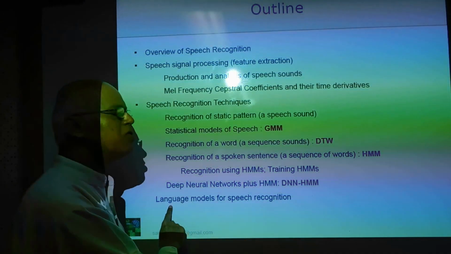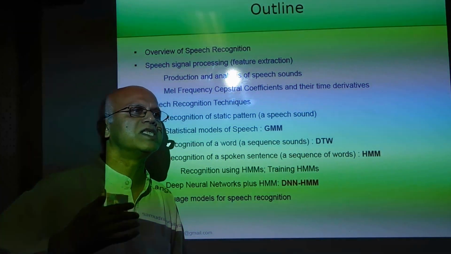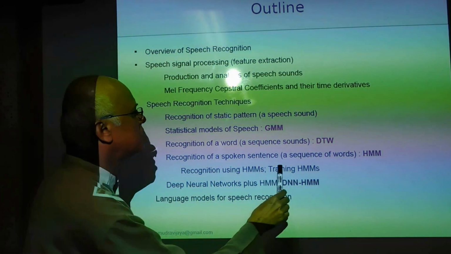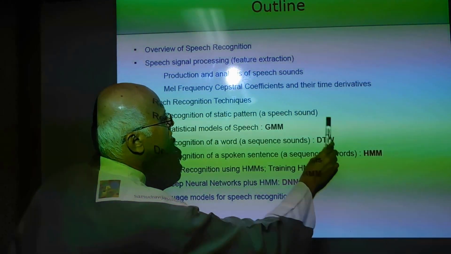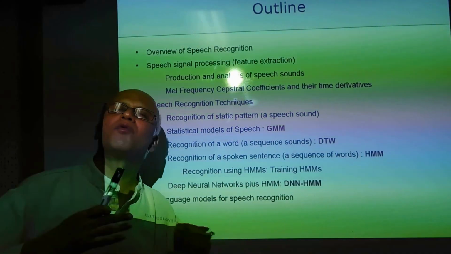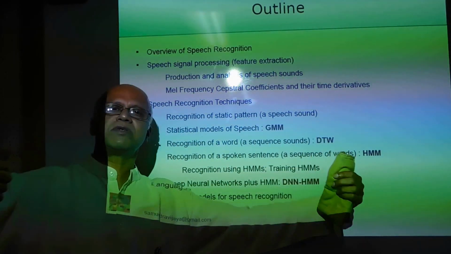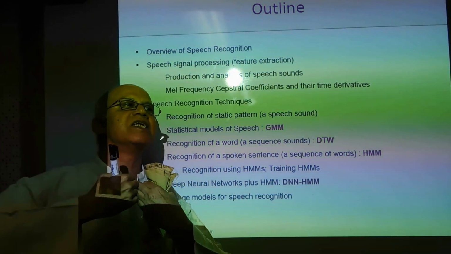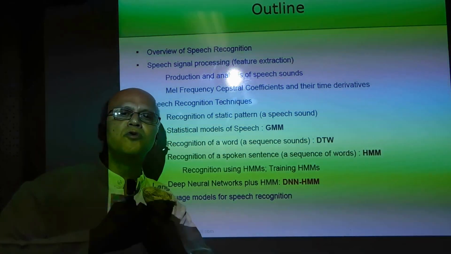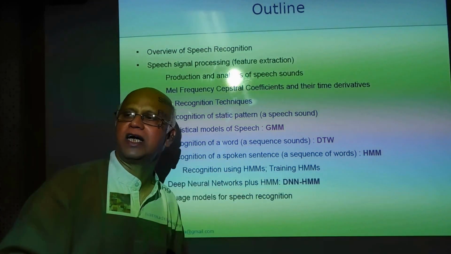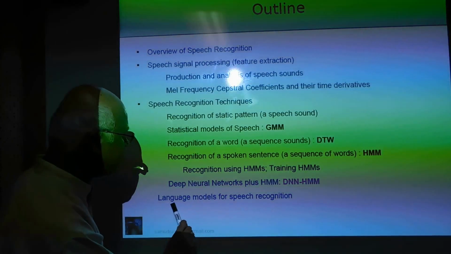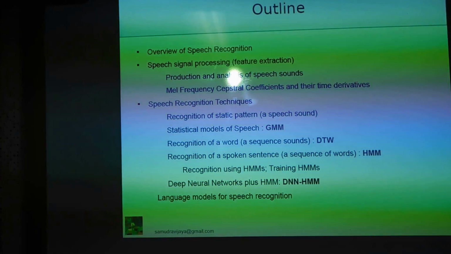At the end, we will also talk about language models for speech recognition, because so far most of these models concentrate more on acoustic models, recognizing speech sounds. From the sequence of speech sounds, using the rules of grammar, we recognize an utterance, and that is called the language model. It is language dependent.